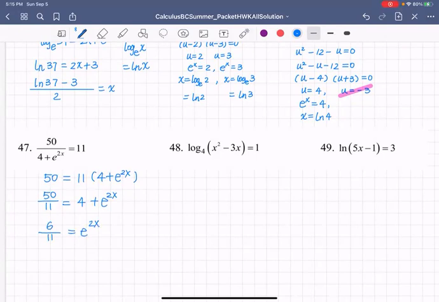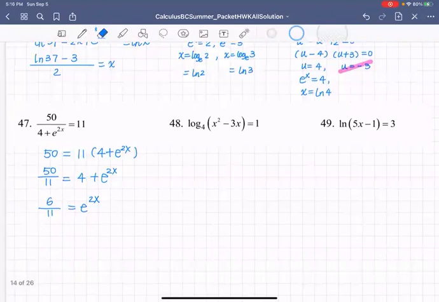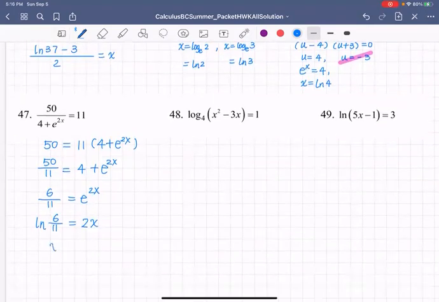And then natural log of 6/11 equals 2x. Very good. So x equals.